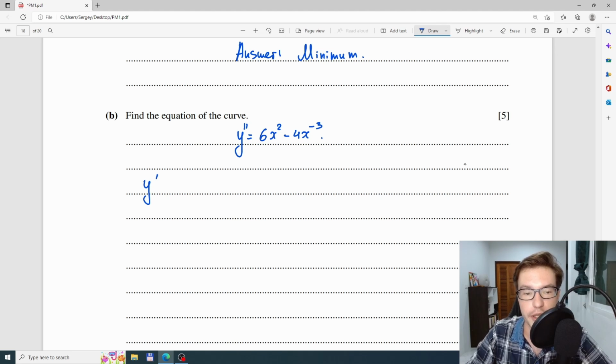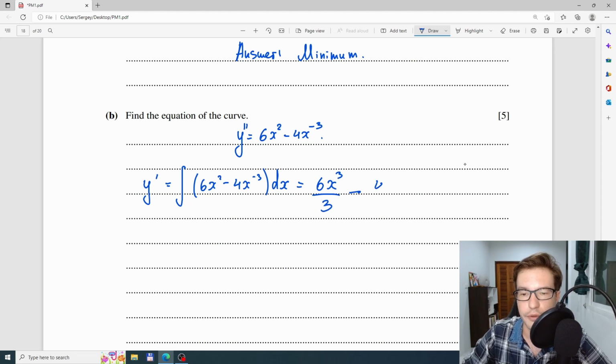Okay, to get the first derivative from the second derivative, I'm going to integrate it, dx. Okay, so 6x, increase the power of x by 1, 3, divided by the new power, minus 4x, increase the power by 1, minus 2, divided by the new power, which is minus 2.